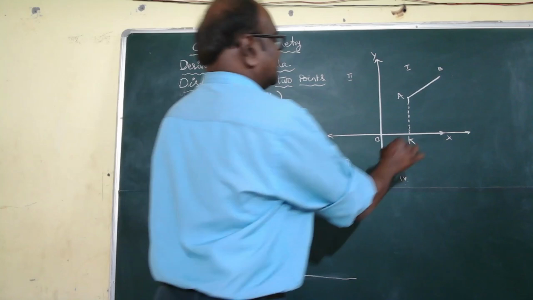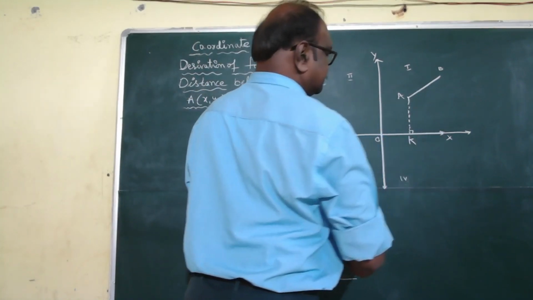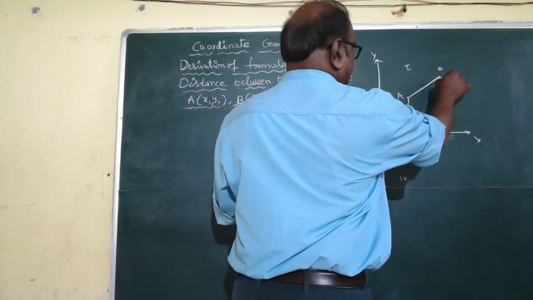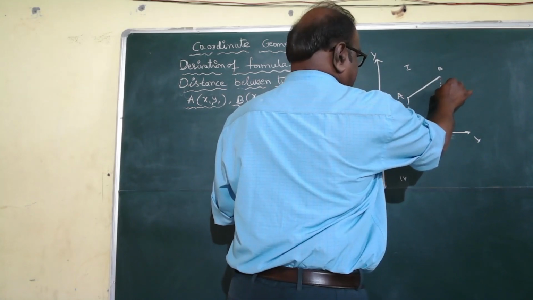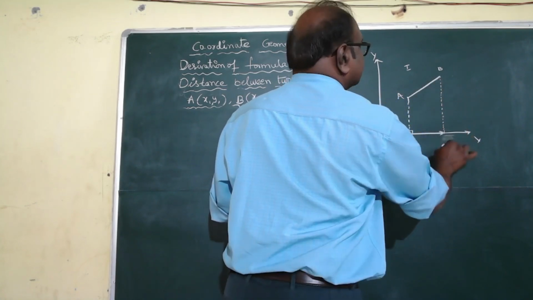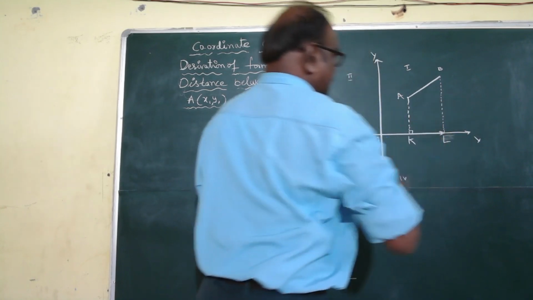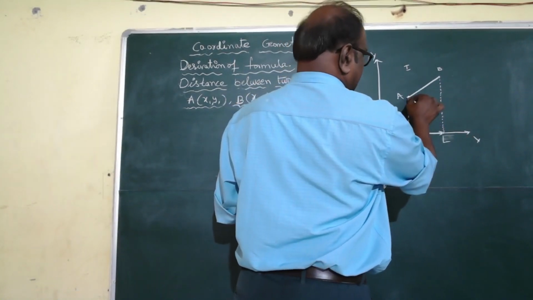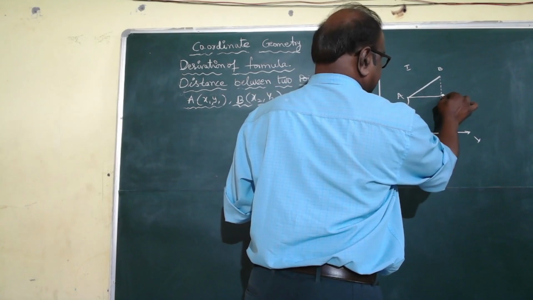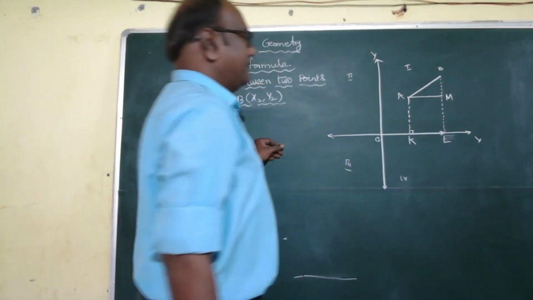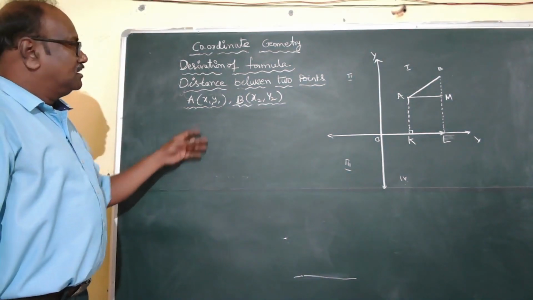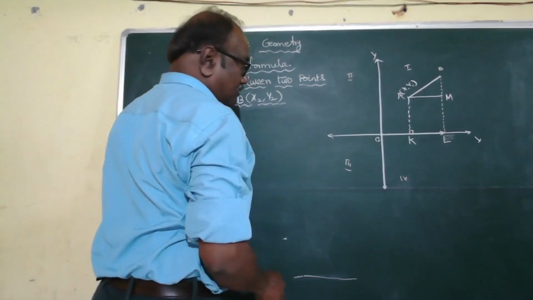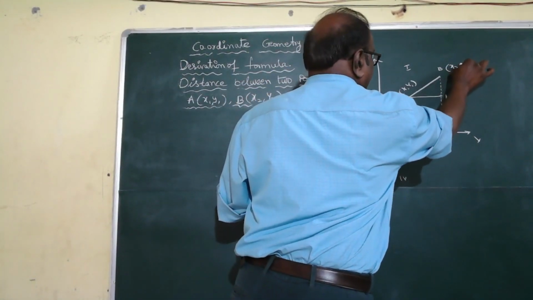AK is perpendicular, and BL is perpendicular to the x-axis, and from A draw a perpendicular to BL and name it M. Now we already know the coordinates of A (x1, y1) and B (x2, y2).